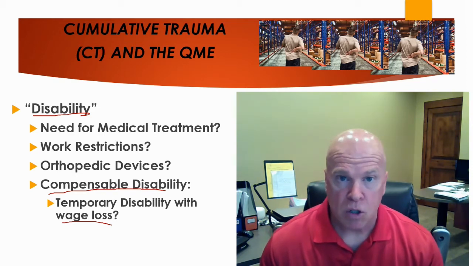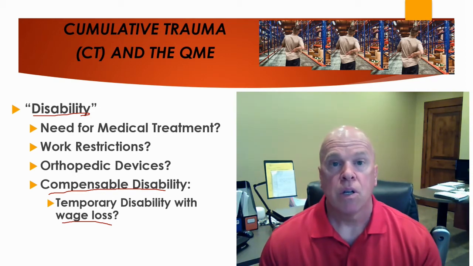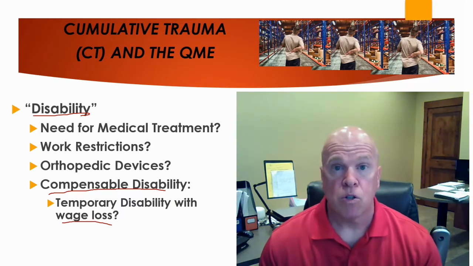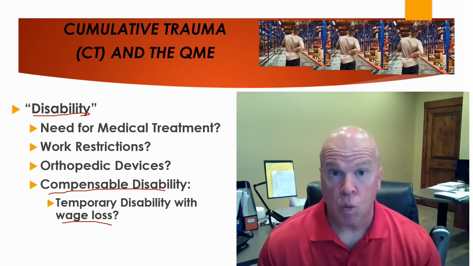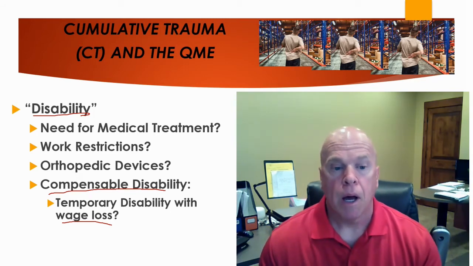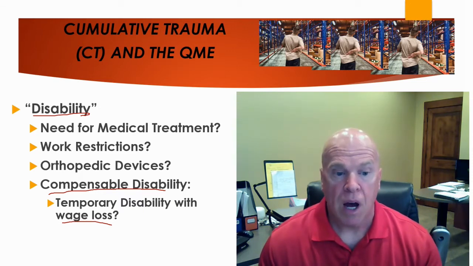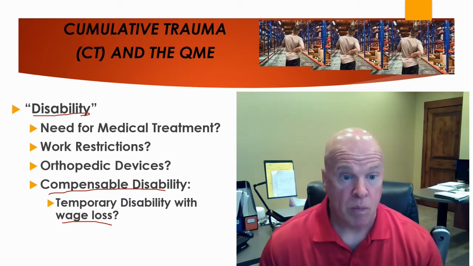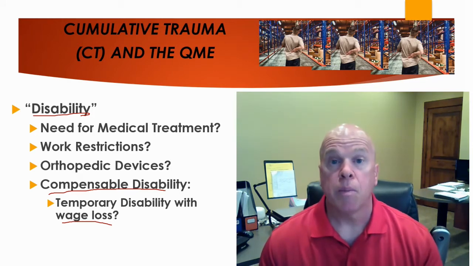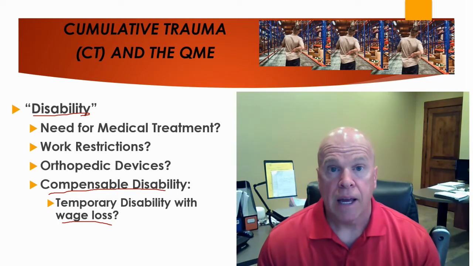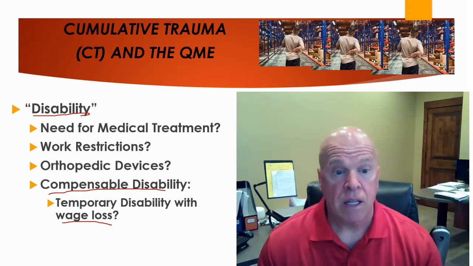If temporary disability with wage loss is required to establish disability, what would that mean for the entire population of employees who continue to work with perhaps an injury, with perhaps a need for medical treatment, with perhaps use of orthopedic devices, but who continue working up until the day that they resign, to the day that they retire?